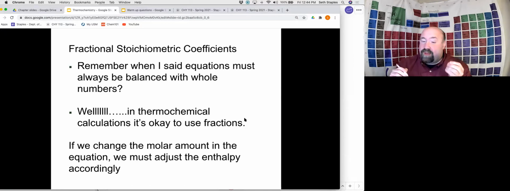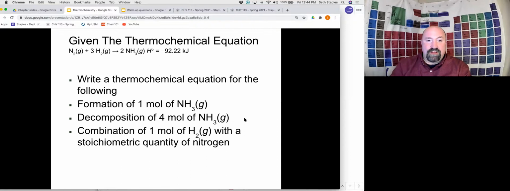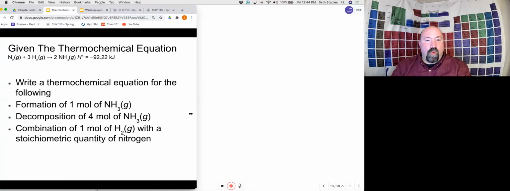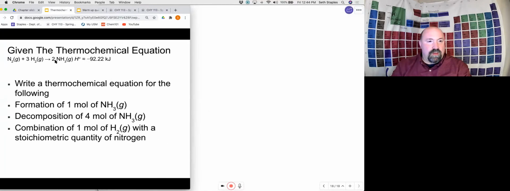And if we do that, we have to also adjust the enthalpy. And so let's take a look at some examples. So this is the same thermochemical equation we just had. But in our first one, we want to write the equation for if we only form 1 mole of NH3. That's going to just cut everything right in half.